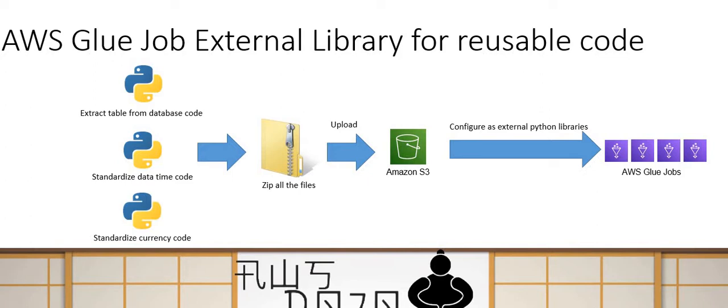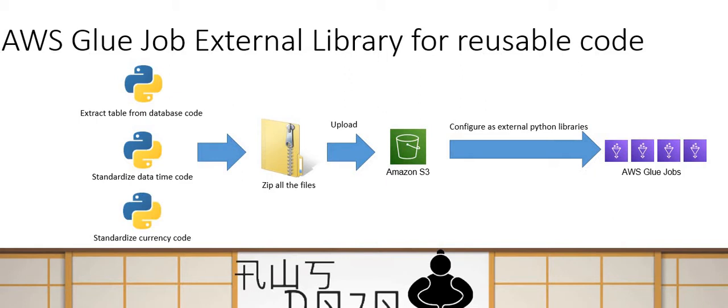And that way, when the glue job runs, it can simply make use of the methods or functions defined in these external libraries in the glue job business logic. So it's pretty straightforward, and this topic is not very big, but it's very important. If you are building a big data platform and you don't write reusable code, it's soon going to become a nightmare to maintain.